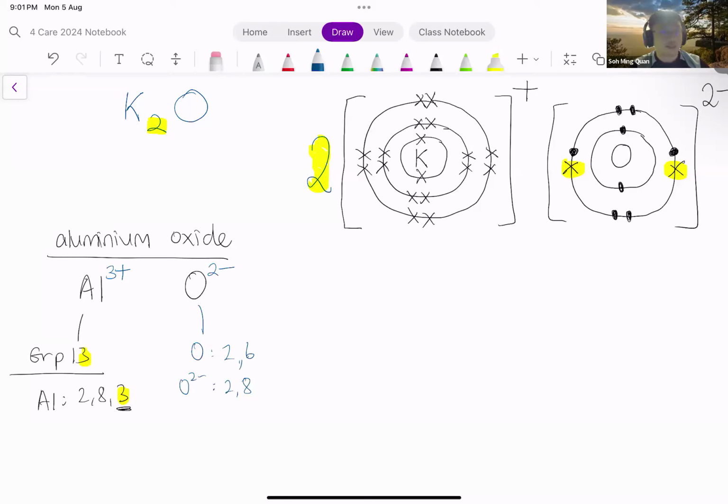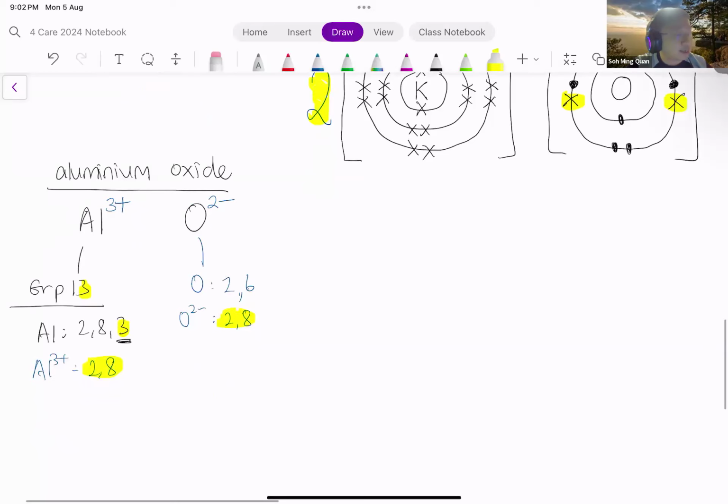So in short, oxide is O2 minus, 2,8. Al3 plus is 2,8 as well, because 2,8,3, you lose 3, becomes 2,8. It's very important to count properly. Sometimes you may miscount and draw more shells or more electrons than needed. So this is what you draw: 2,8 and 2,8.